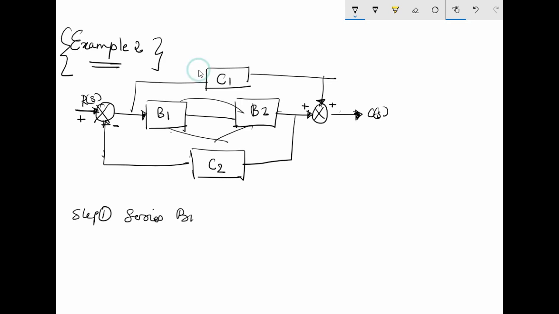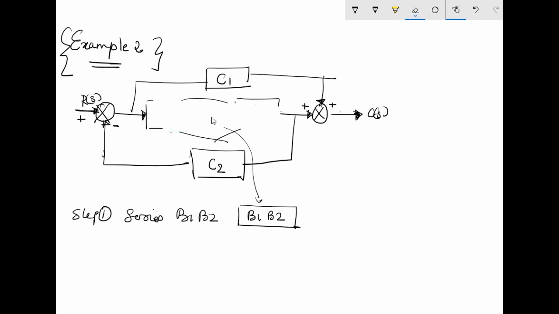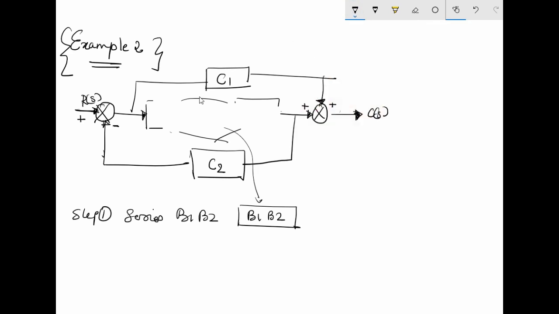So I will combine series B1 and B2, and I can write that together they form a transfer function of B1 B2. And now I am left with a diagram with B1 B2 here.